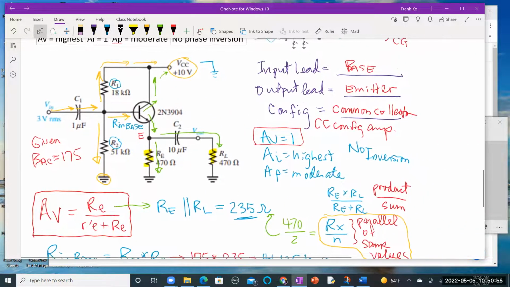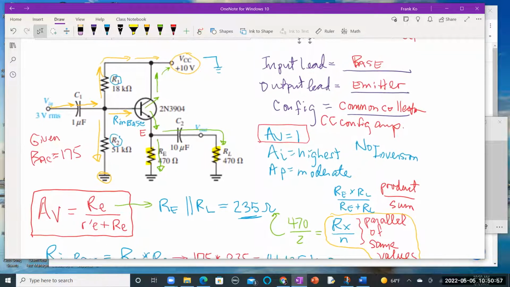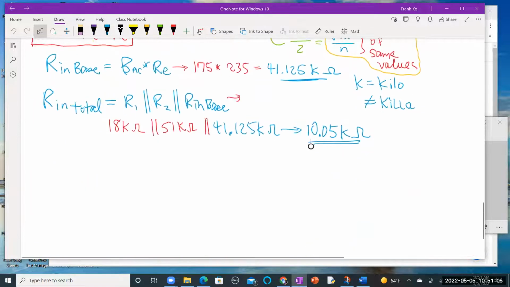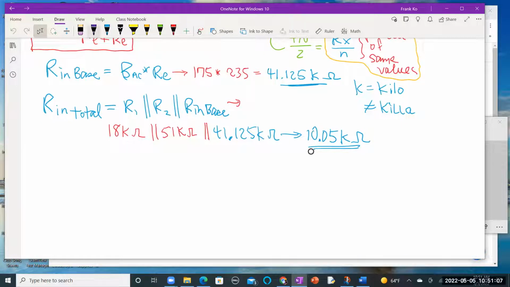Let me shrink this up just a touch. All right. So the DC calculations for this are right here. Your voltage at the emitter, signal at the emitter, is equal to your R2 over R1 plus R2.